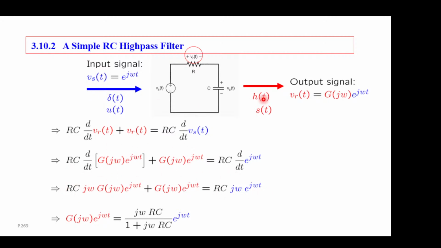So you do the same thing. You have input e to the j omega t, output equal to, now we call it G just to differentiate it a bit from the big H. Okay. And you can solve for big G, and it looks like this.